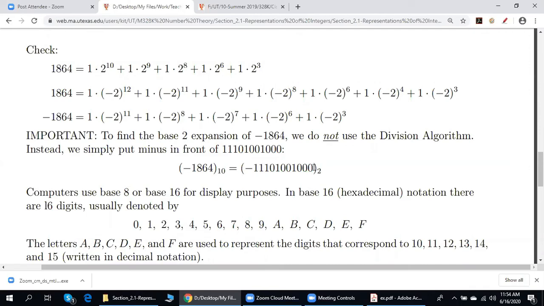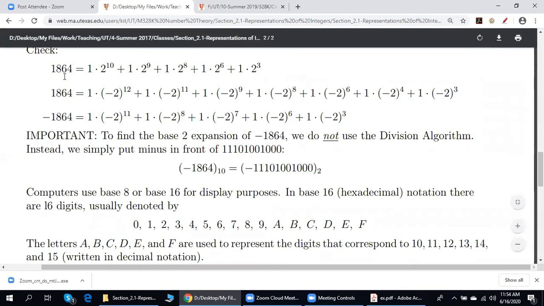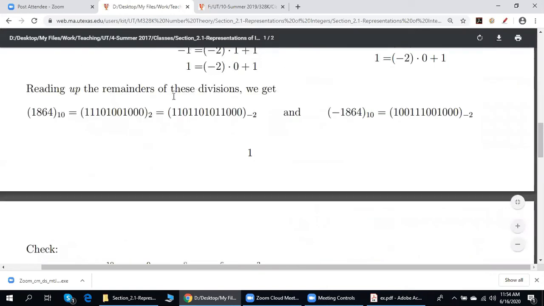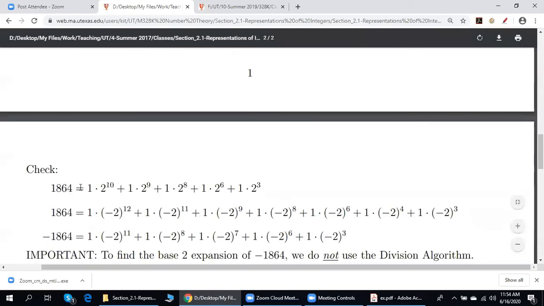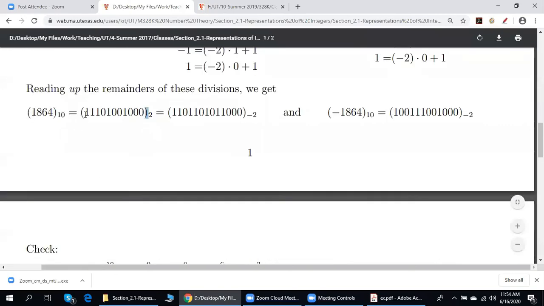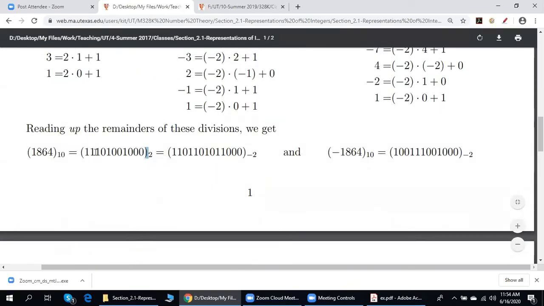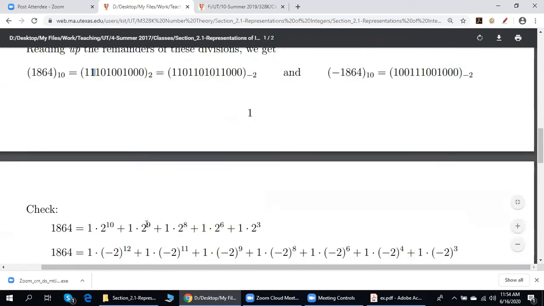Question is, why all of a sudden, in this case, we do not use the division algorithm? Well, guys, first of all, please take a look once again at this. What is written here means the following. 1864 is 1 times 2 to 10th power plus 1 times 2 to 9th power plus and so on.